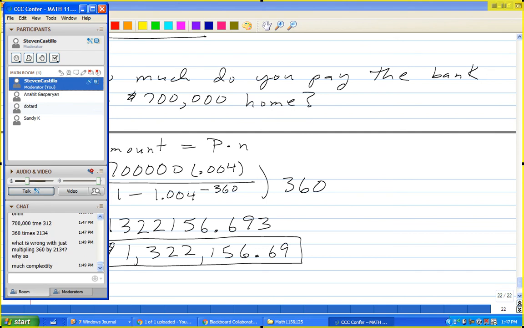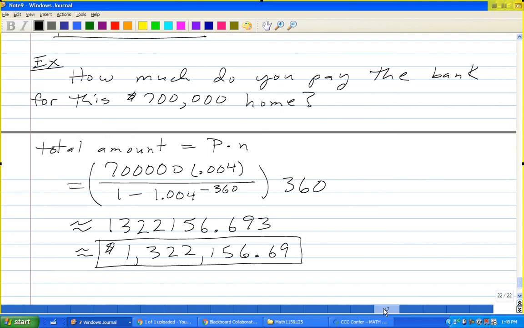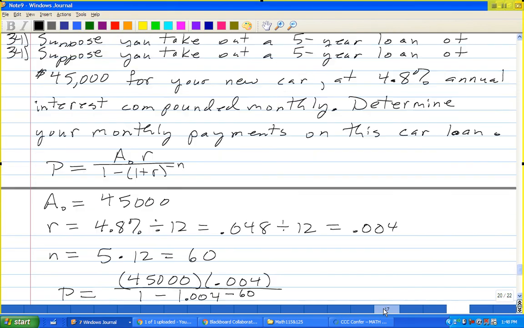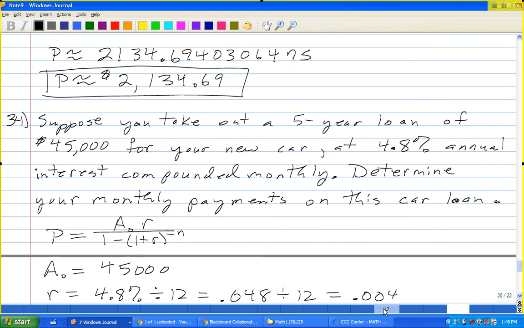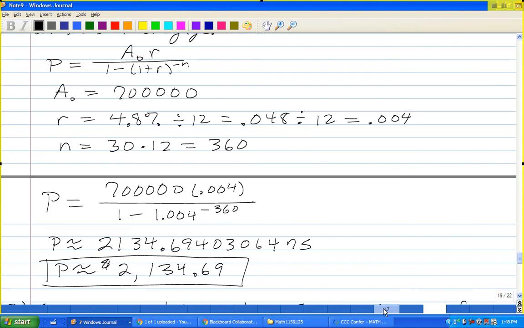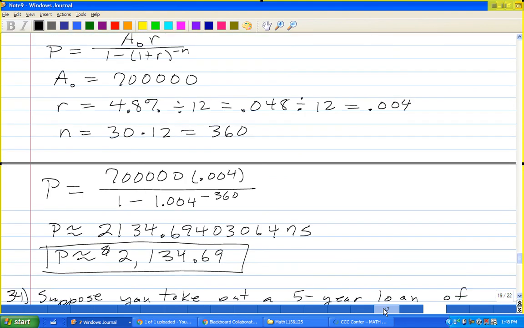You can also do that by just doing 360 times the 2134. They'll give you something approximate. I wonder why I got something different there.